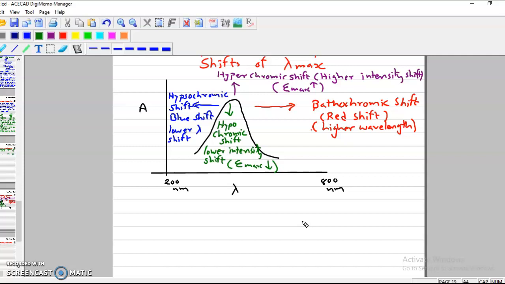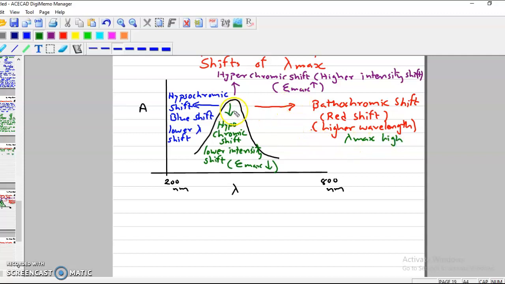One, in which the wavelength of the substance increases and the graph moves towards a higher wavelength, that is red color, and that is why it is called bathochromic shift or red shift or higher wavelength shift, in which lambda maxima will be high.